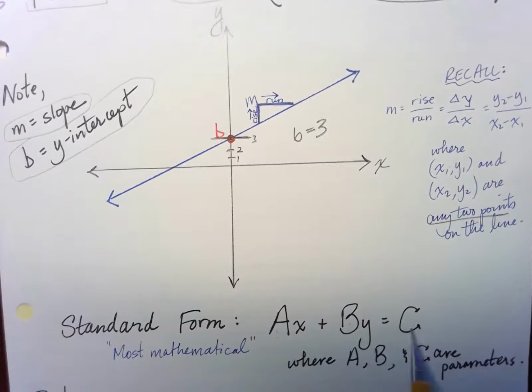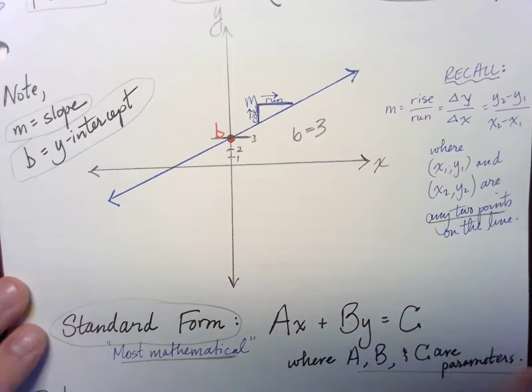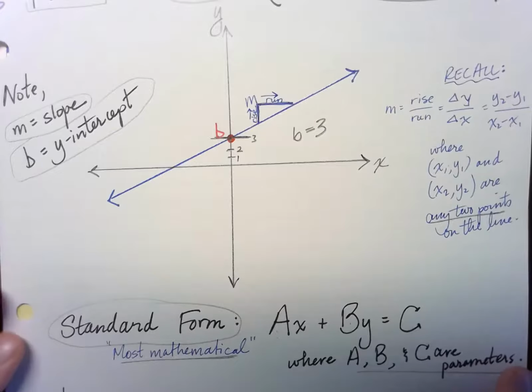These capital A, B, and C are parameters that describe the line. It is the most mathematical, the most pure, but it's not terribly useful or practical to use. Inevitably, people end up converting this to one of the other 2 forms I'm about to tell you about. But we are going to be studying it, and you will be studying it in depth.